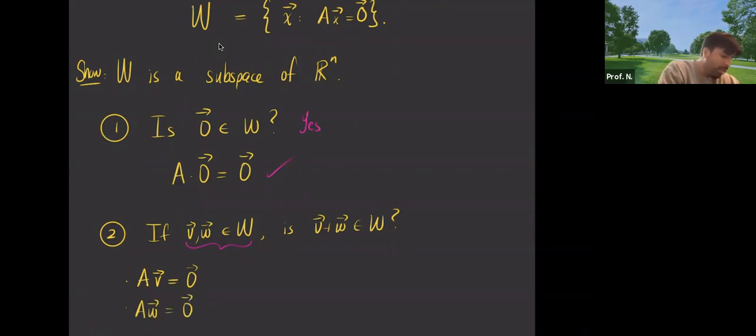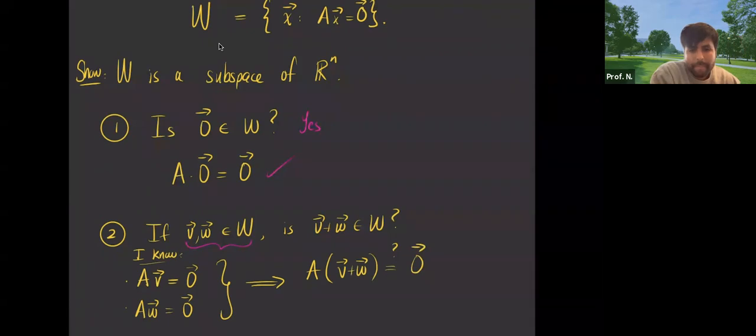So I know this is true. Now, is this enough to show that A times (V plus W) also gives me zero? That's the question. Because if this does give me zero, then this has to be in W. That's how we define the vectors.